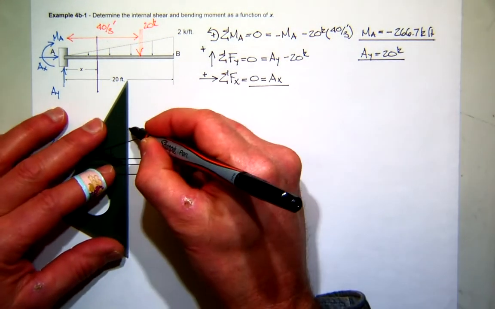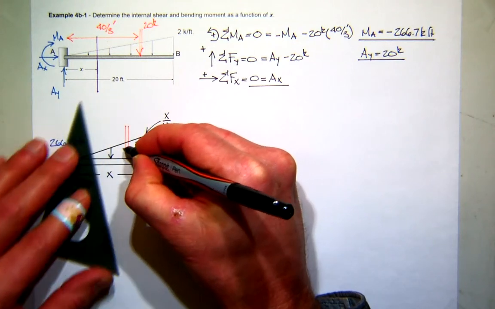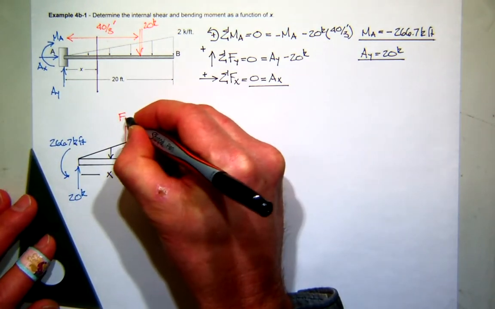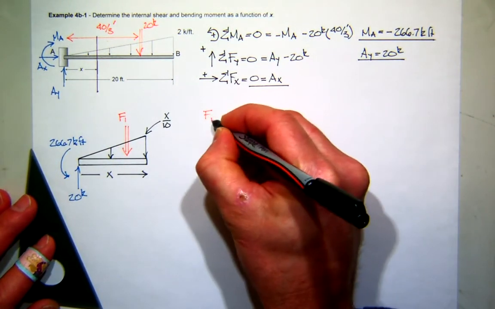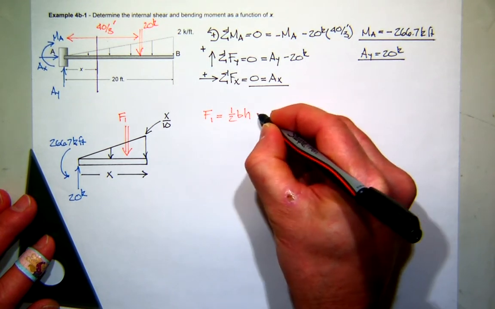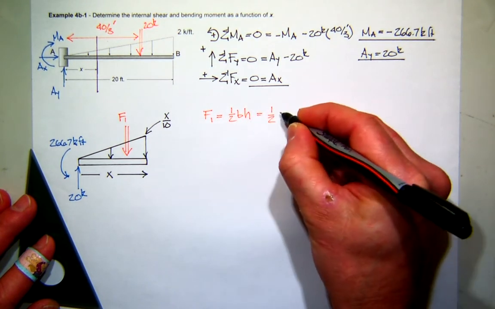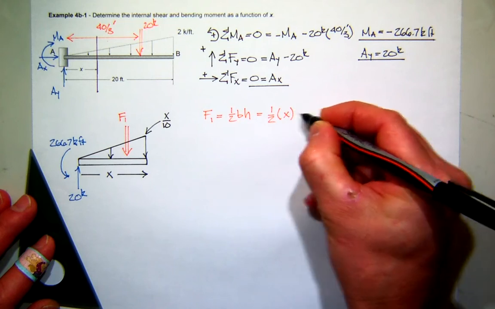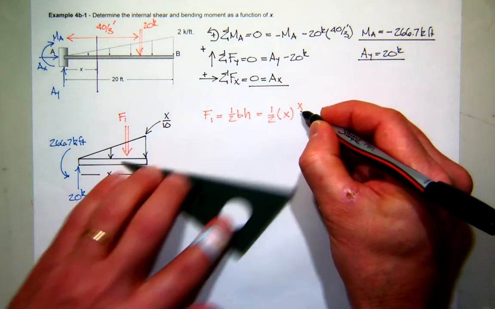So the concentrated equivalent force, I'm just going to call it F1. What's F1 equal to? Well, we always know it's 1/2 the base times the height. So that's going to be 1/2 the base, which is x, times the height, which is x over 10.